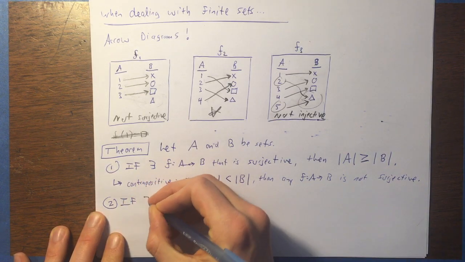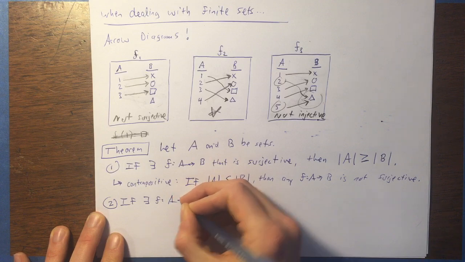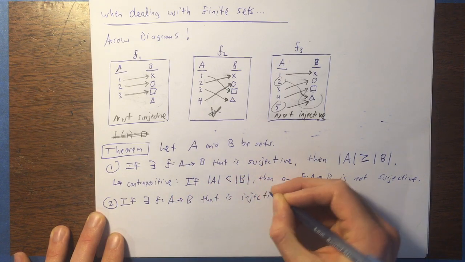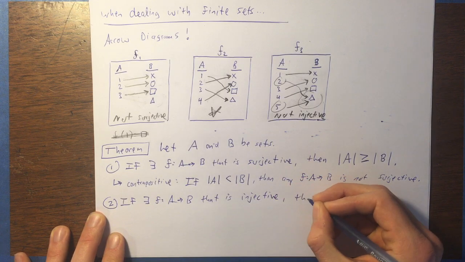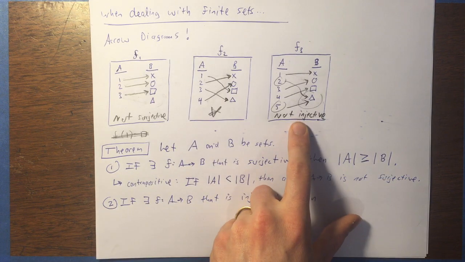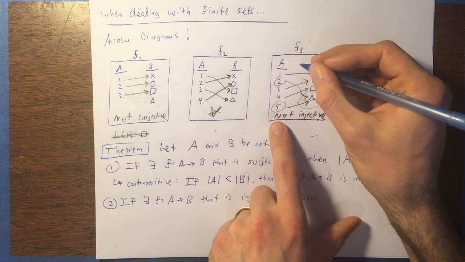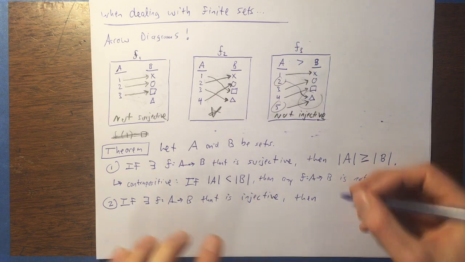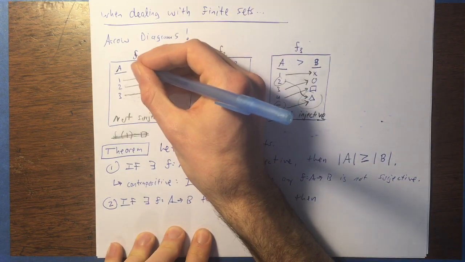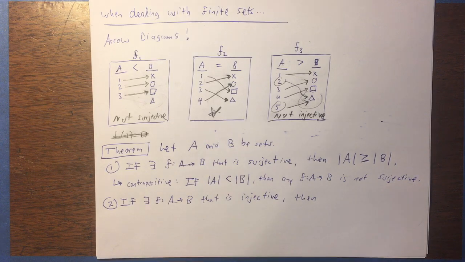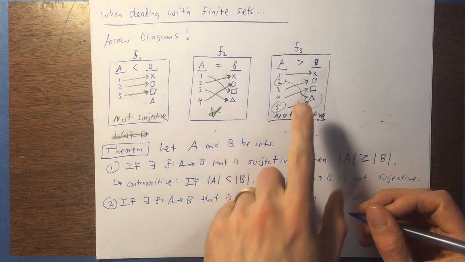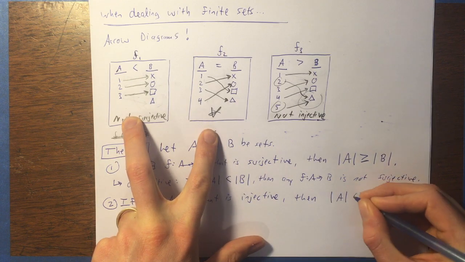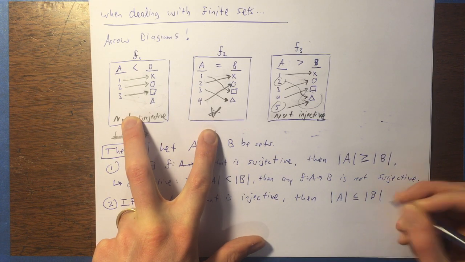It is, if there exists a function f from A to B that is injective, then it means we can't possibly be in this scenario, where A is larger than B. Let's write out the inequalities between the cardinalities there, just to remind us. So we can't be in that situation. We must be in one of these two, which means that the cardinality of A is less than or equal to the cardinality of B.